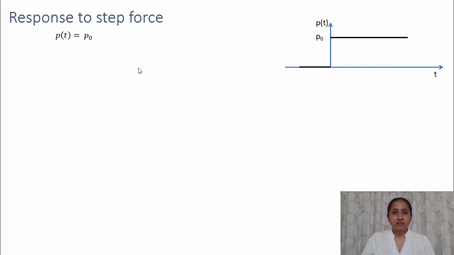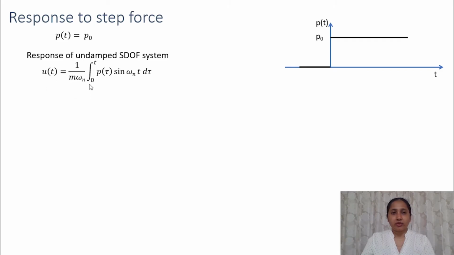So we can find this response using the Duhamel integral. The response of an undamped system is given by this: u(t) equals 1 by m omega n, integral over time of p(tau) sin omega n (t minus tau) d tau. We know that this forcing function is equal to a constant p naught. So we can substitute and carry out this integral.